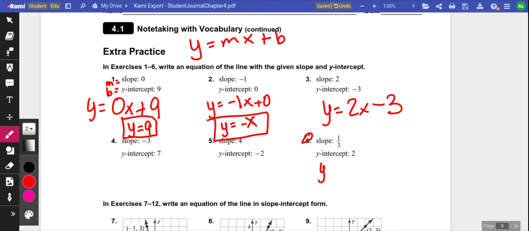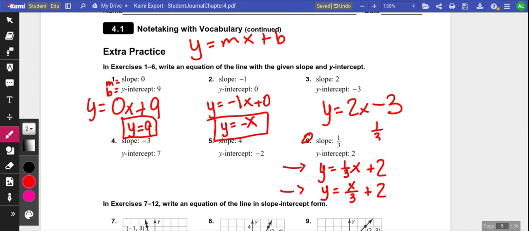So we get y is equal to 1/3 x plus 2. You could leave it like this. This is perfectly simplified, but sometimes you'll also see this equation as just x over 3 plus 2. Do we see that 1/3 times x is the same as x over 3?